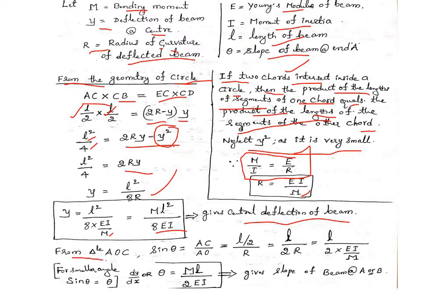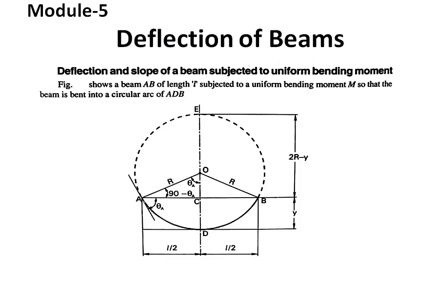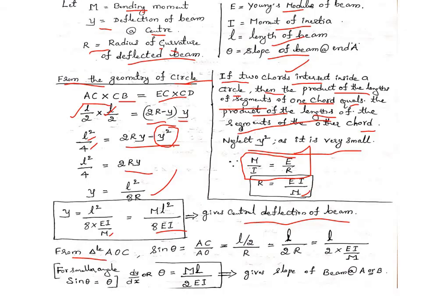Next, from triangle AOC, sine theta is equal to opposite by hypotenuse. Opposite is AC and hypotenuse is AO.